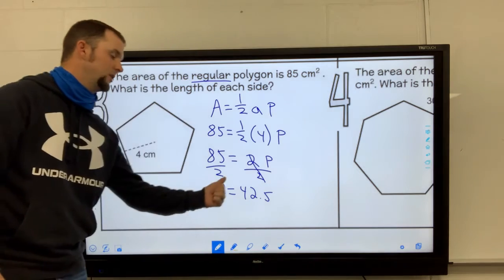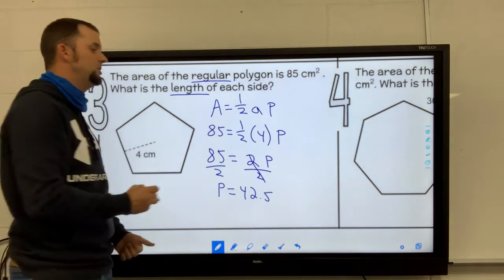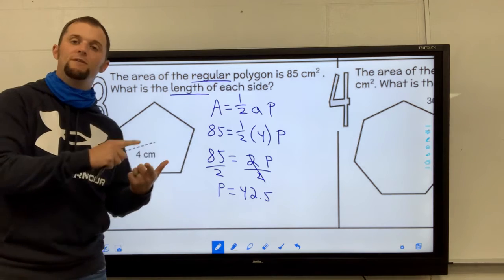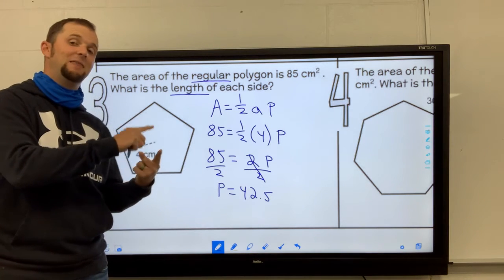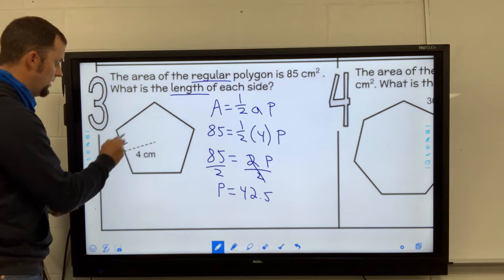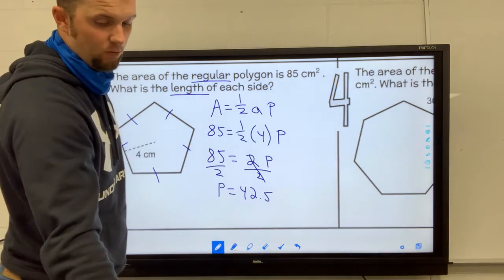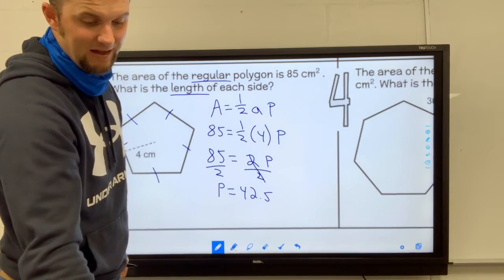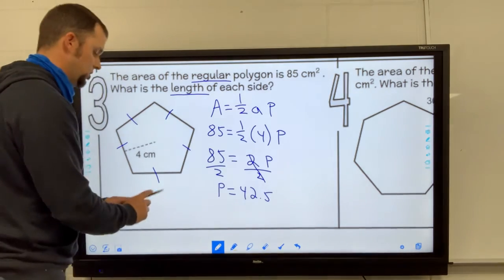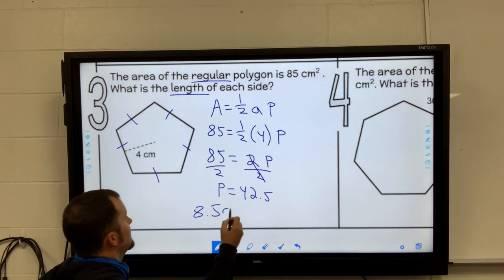So right now you have 42.5 as my perimeter, but it's asking for the length of each side. Well, I know to find the perimeter, I multiply the length of each side by the number of sides. So I have 1, 2, 3, 4, 5 sides. I'm going to take 42.5 and divide that by 5, which is going to give you 8.5 centimeters.